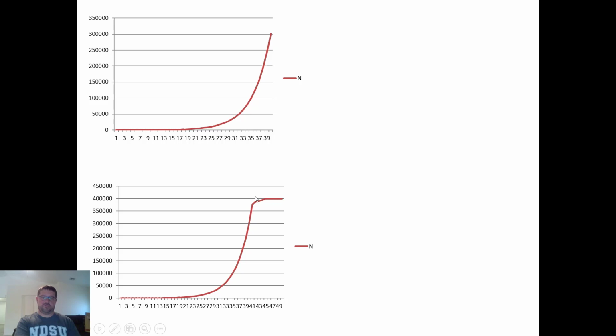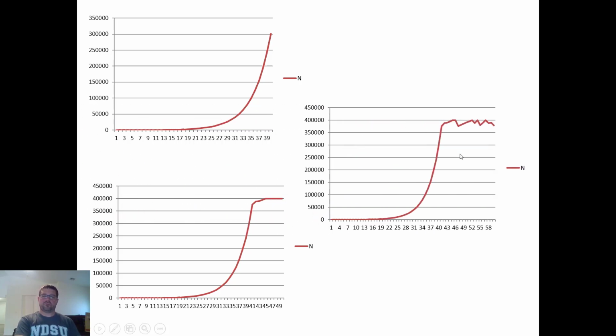So they'll sit at K. But in actuality, they normally don't sit at K. It's not like once a population reaches carrying capacity, they just stay and maintain 400,000 individuals. That's not really what it is.